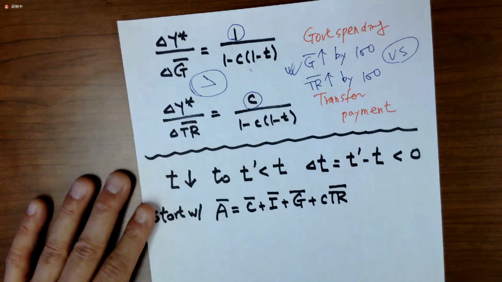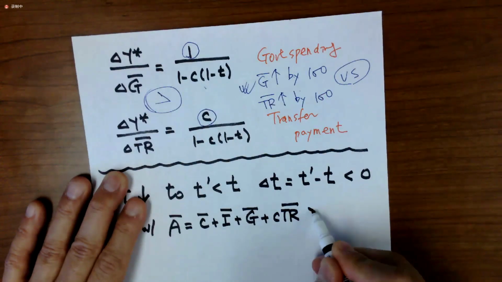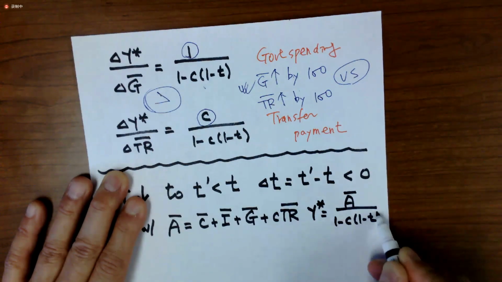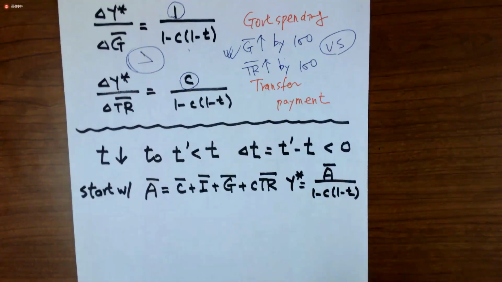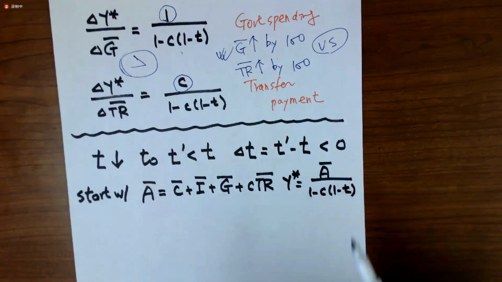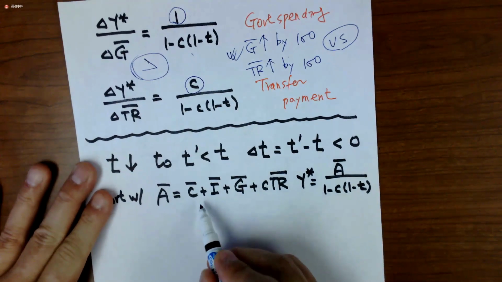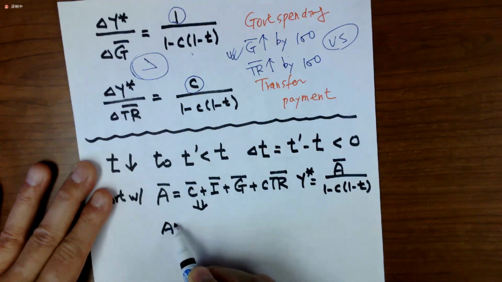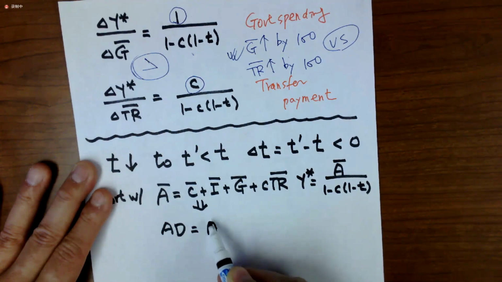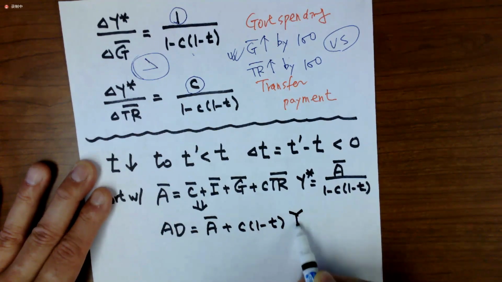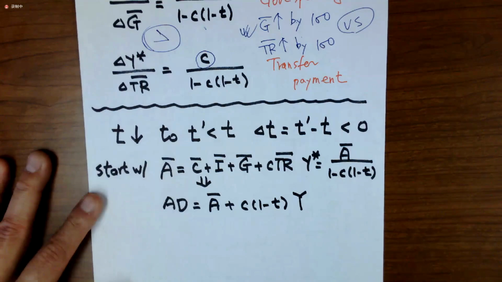And then in this case, you get the equilibrium output equal to A bar divided by 1 minus C, 1 minus T. Agree? Yes. So in this case, my aggregate demand is equal to A bar plus C, 1 minus T times Y.